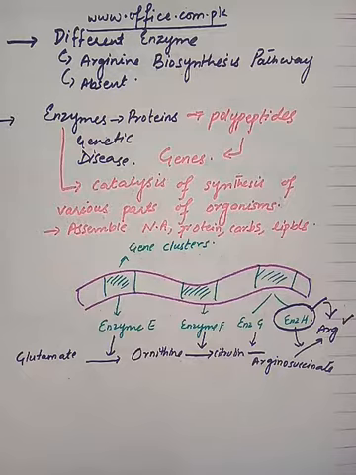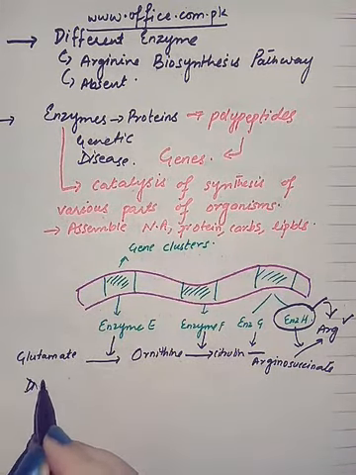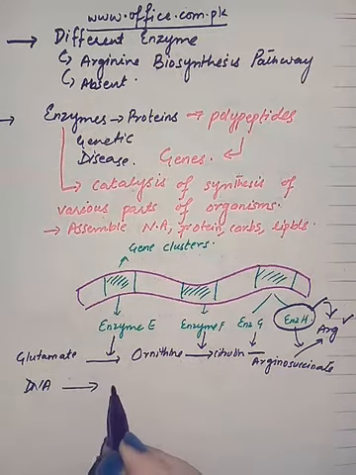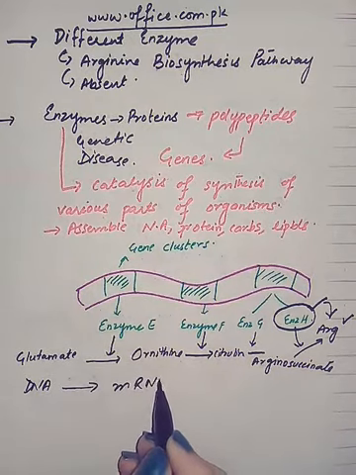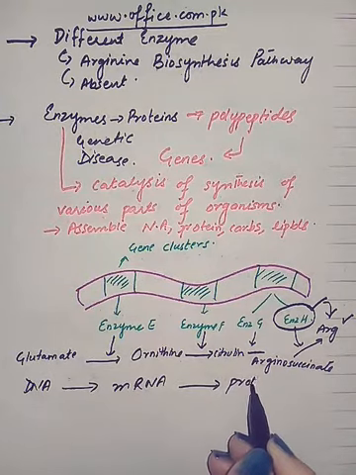Dear students, that is all about today's biology lecture. In the next lecture, we will discuss how DNA encodes protein structure. For your idea, I am giving you a basic concept that DNA is converted into messenger RNA, which carries out the formation of proteins.